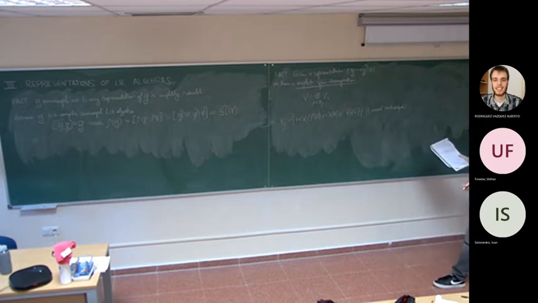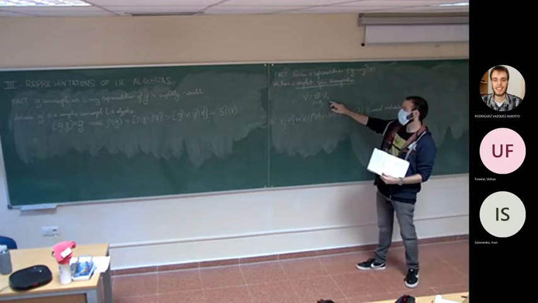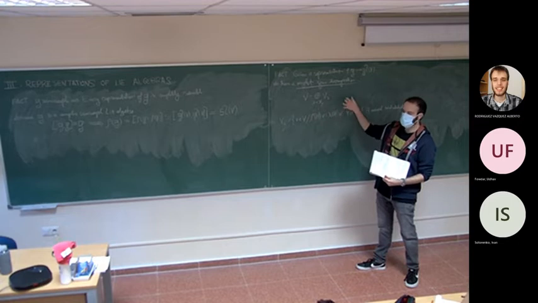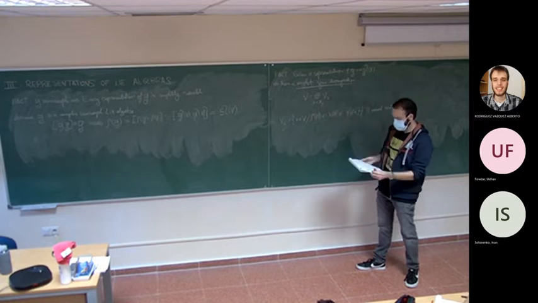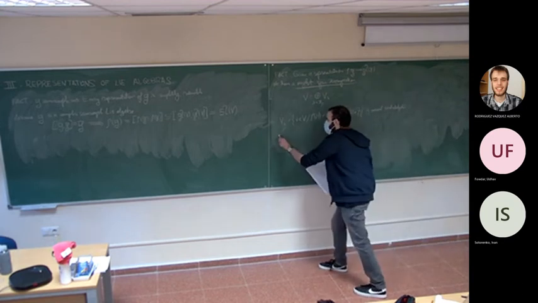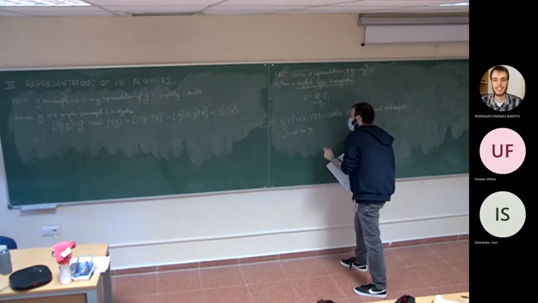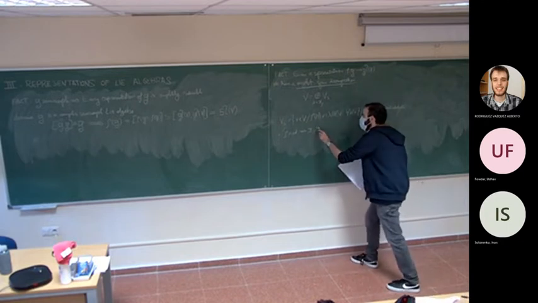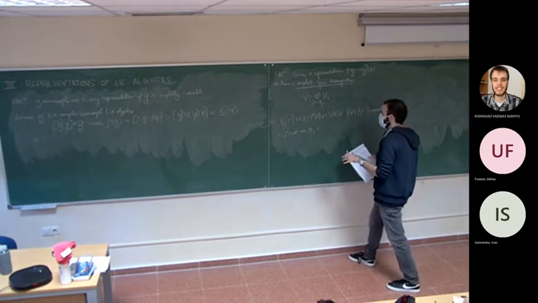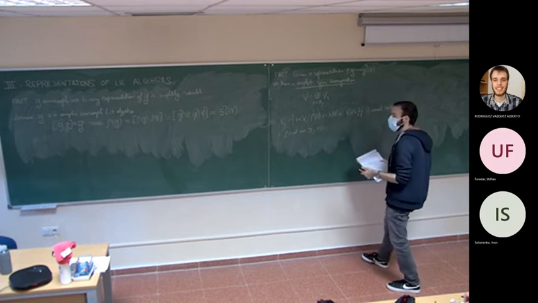And V is the sum of the common eigenspaces. And this phi rho is the set of all lambdas such that V lambda isn't 0. So the first example is in the case that rho is the adjoint representation. In this case, phi of rho is equal to the zero vector, which we distinguished, together with the set delta of all roots.